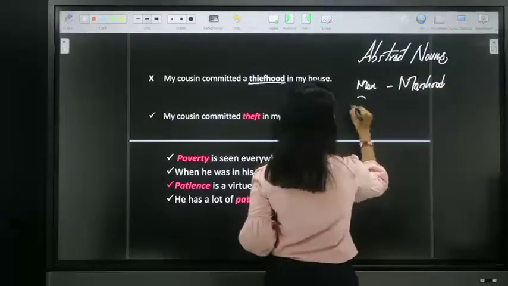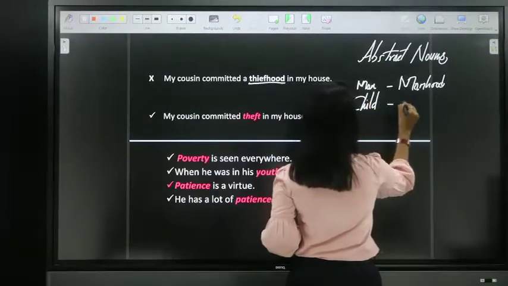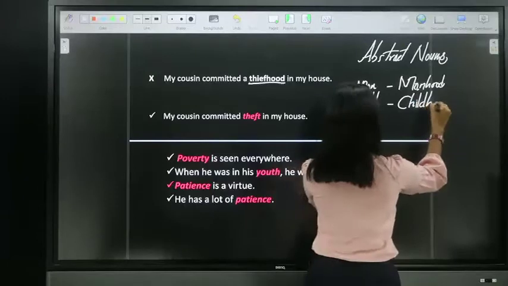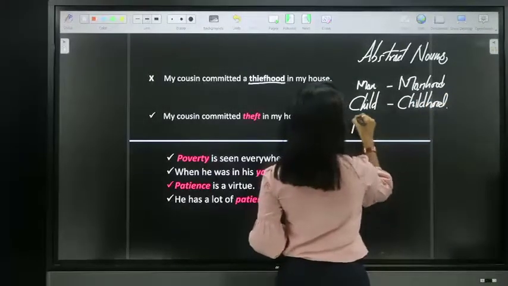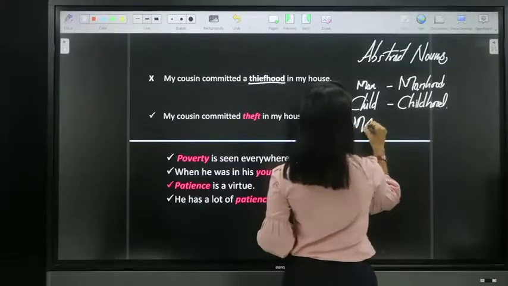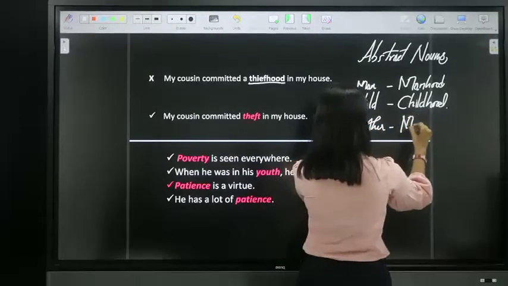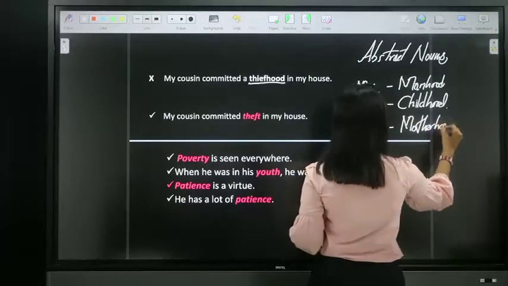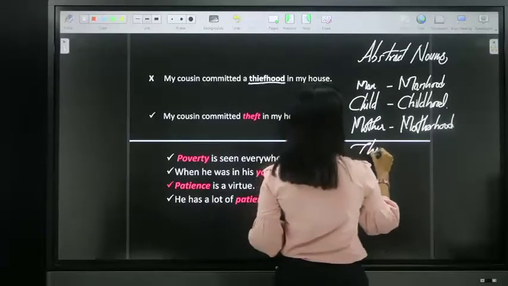And the abstract noun for child is childhood. And the abstract noun for mother is motherhood.